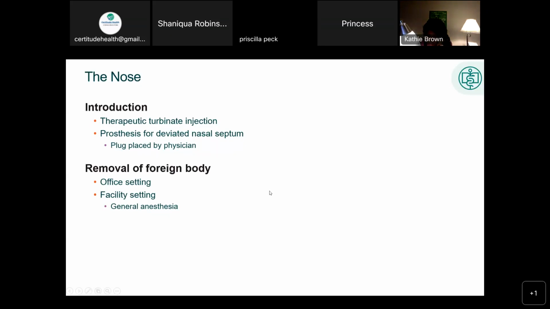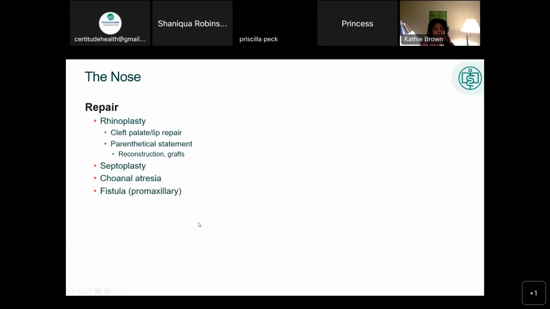So the only difference in the foreign body removal codes is whether it was done intranasal, meaning an office procedure, like if they were just able to stick tweezers up there and grab what was lodged in the nose, or if it was done in an operating room that required anesthesia. So that's the only distinct difference in selecting your foreign body codes.